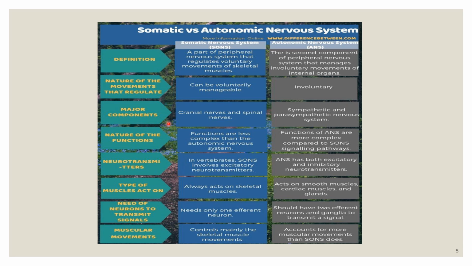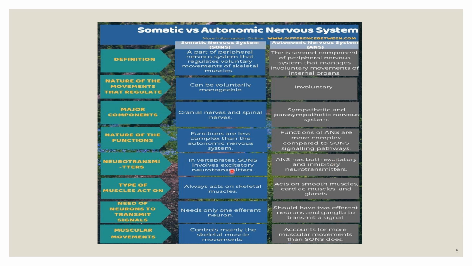The major components in the somatic are cranial nerves and spinal nerves, whereas in the ANS, the major components are sympathetic and parasympathetic nervous system. Coming to the nature of the functions, the somatic functions are less complex than the ANS. The ANS functions are more complex compared to the somatic nervous system.